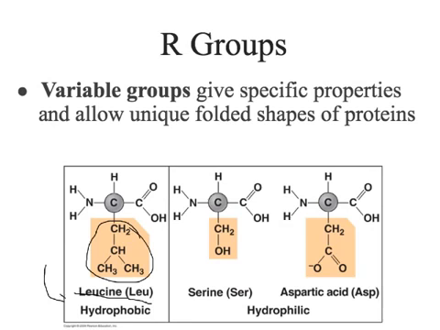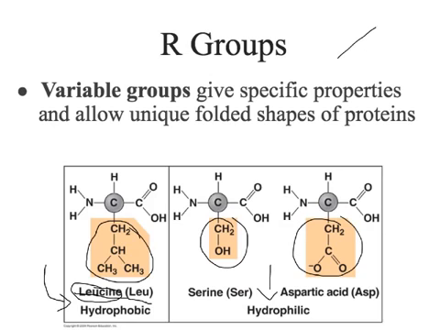So if a protein has a lot of leucine monomers, that protein is more likely to be hydrophobic. Similarly, serine has this R group, aspartic acid, a different amino acid, has this R group, and these R groups are hydrophilic. So if a protein has a lot of these R groups, the protein is more likely to be water-loving or hydrophilic. So basically, these R groups kind of help to dictate the properties of the protein that they make up.